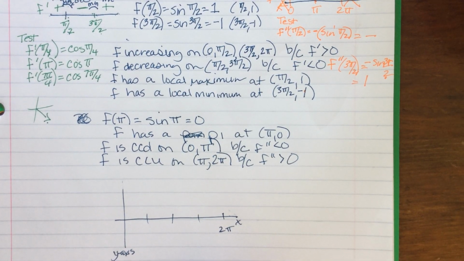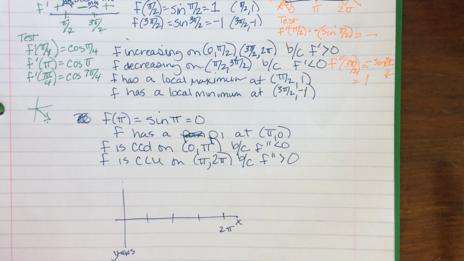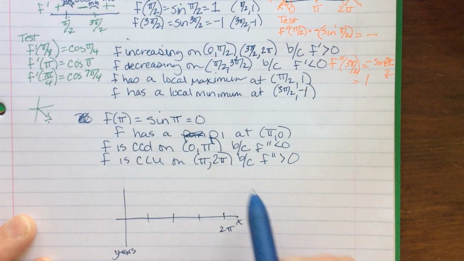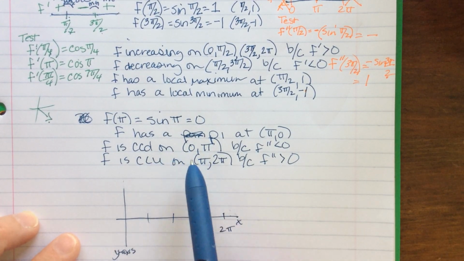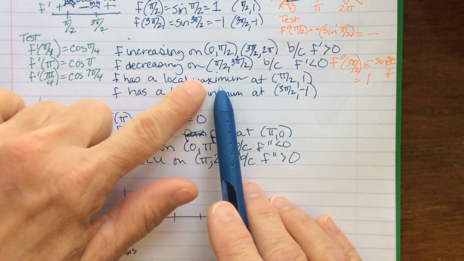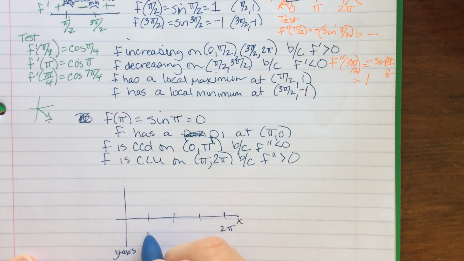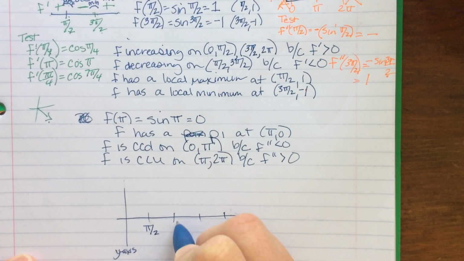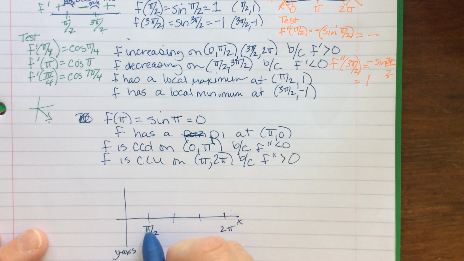And so I want to graph the maximum. So I have a maximum at pi over 2, 1. And if I label my graph like I would in pre-calculus, I would have pi over 2, pi, 3 pi over 2, and 2 pi.